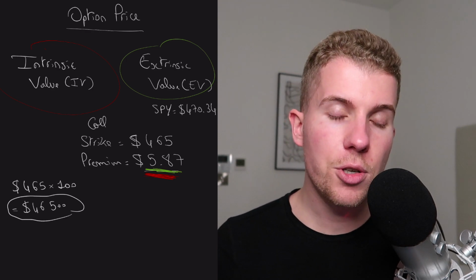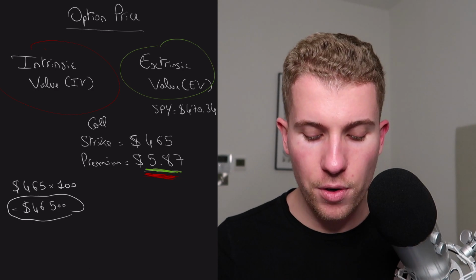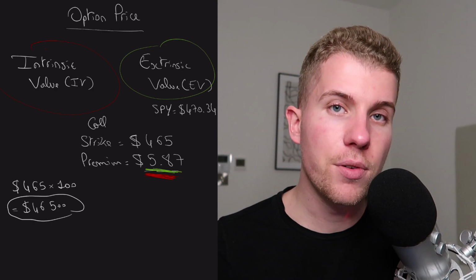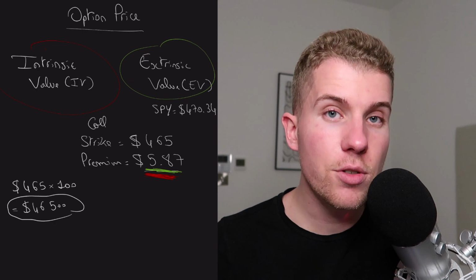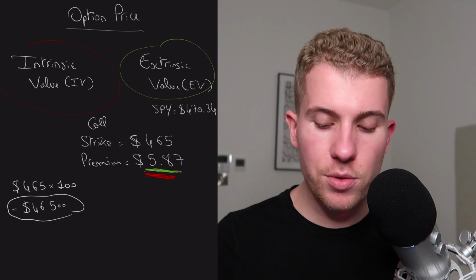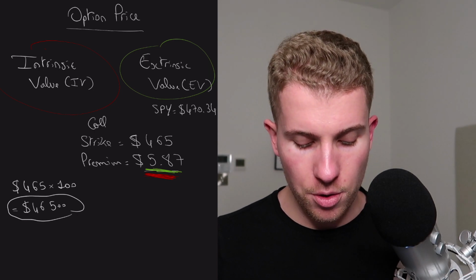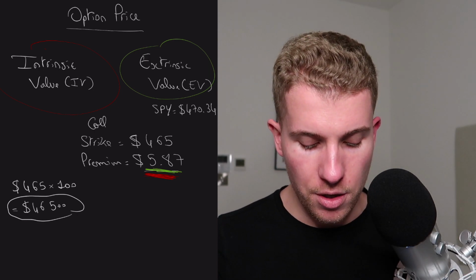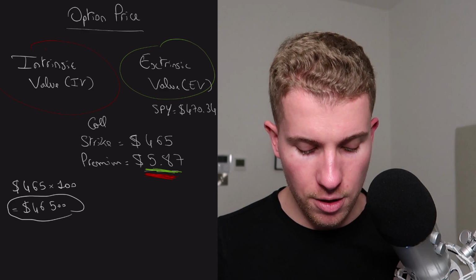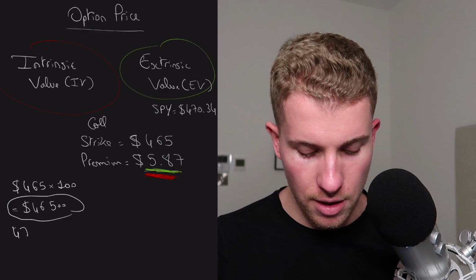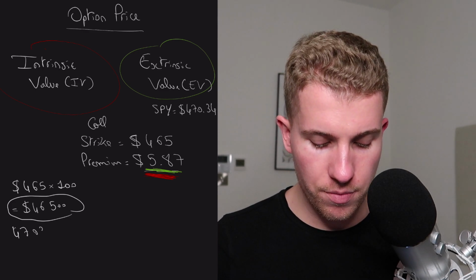But as the current price for the SPY is $470.34, if you decide to sell your shares right away, you're basically going to sell your shares at $470.34. And because you had bought 100 shares, you're going to directly make a sale of $47,034.